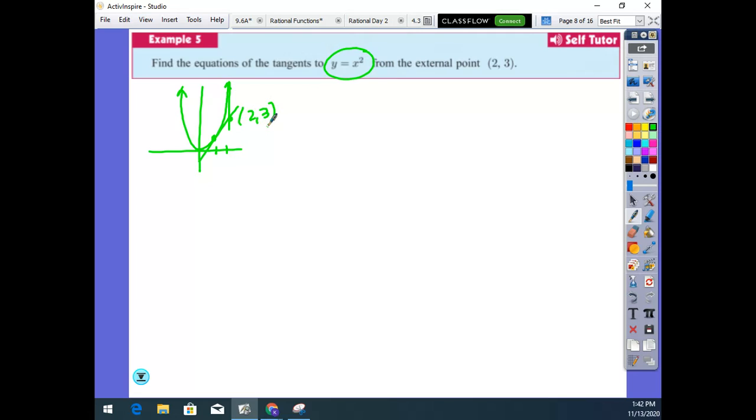So what I want to do is find a general point somewhere on this curve. So if I plug in a into my equation, I get a squared. So my coordinate point is a, a squared. What would the derivative be? Y prime is just 2x.